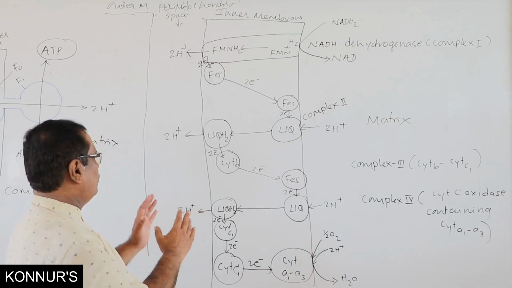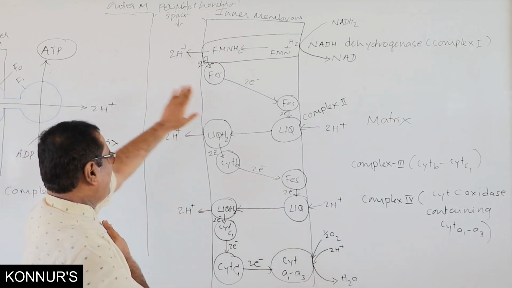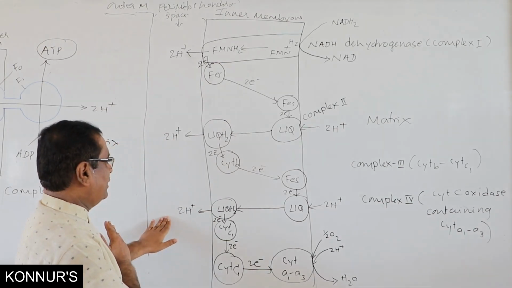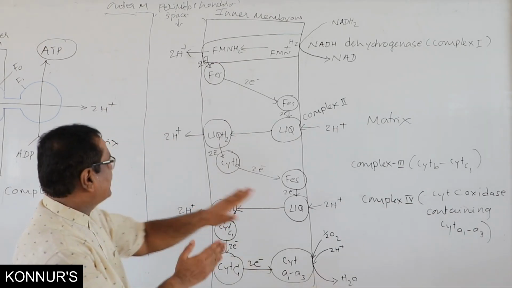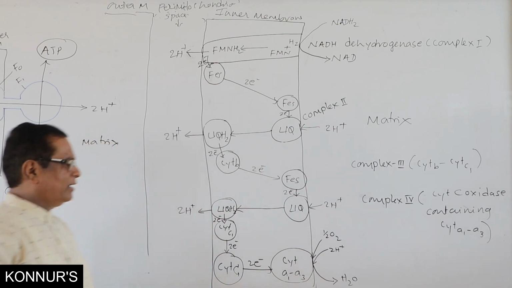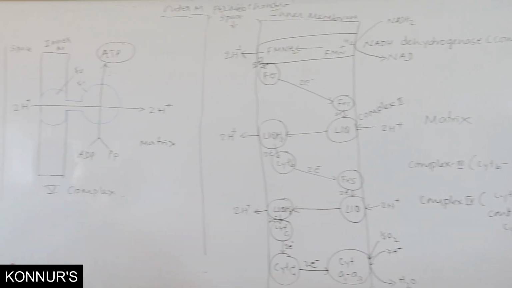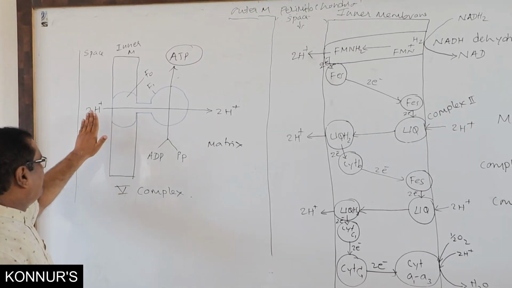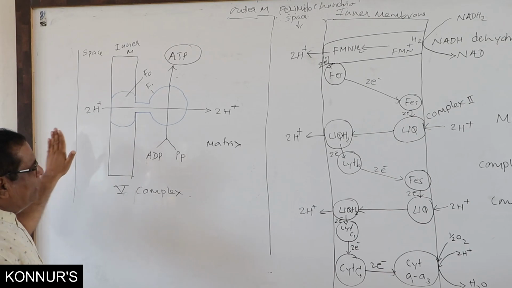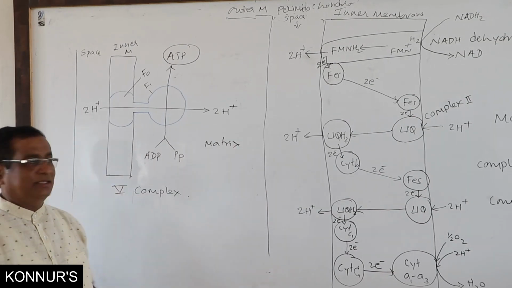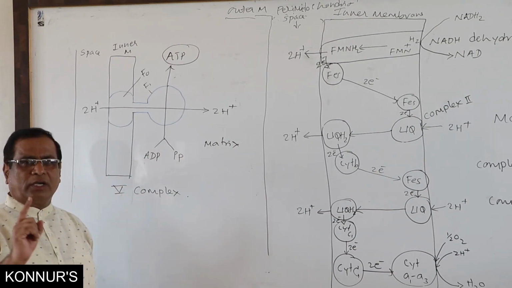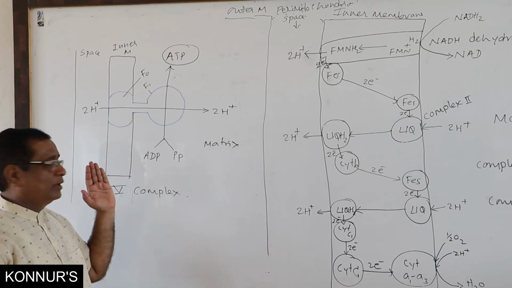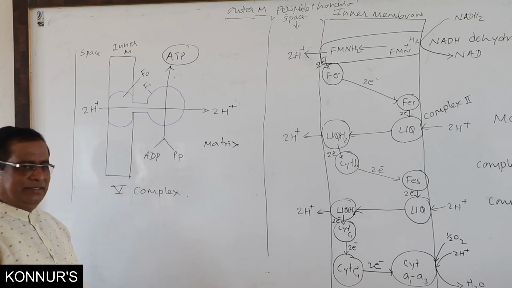And here we notice the pumping of 2 protons at 3 regions from the matrix to the space. And there is a fifth complex continued. At a time, 2 protons from the perimitochondrial space are pumped back into the matrix through the F0 F1 complex. Those are the 2 parts of ATP synthase.